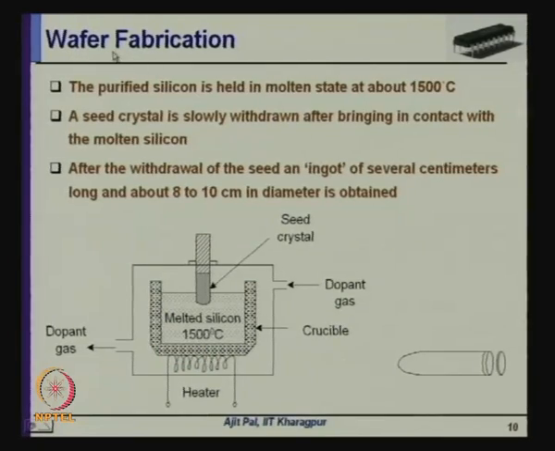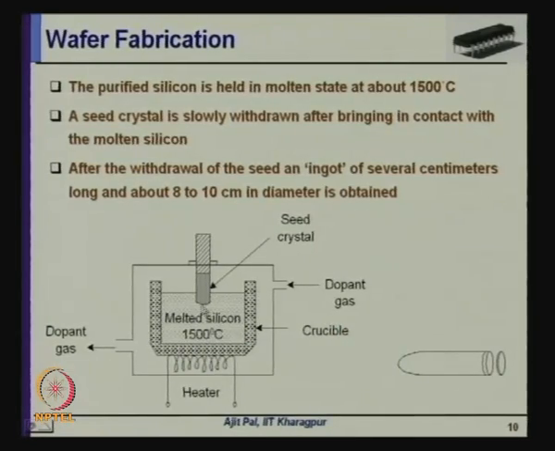The wafer is the material, also called substrate, on which the VLSI circuits are fabricated. How is it realized? The purified silicon is held in molten state at about 1500 degree centigrade, as you can see in this crucible.